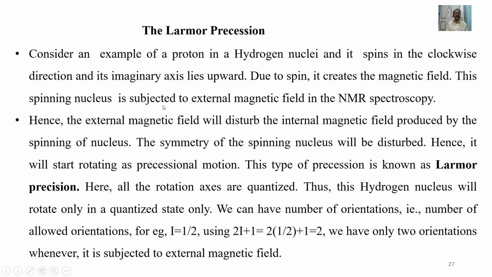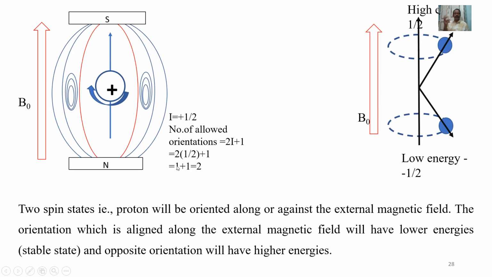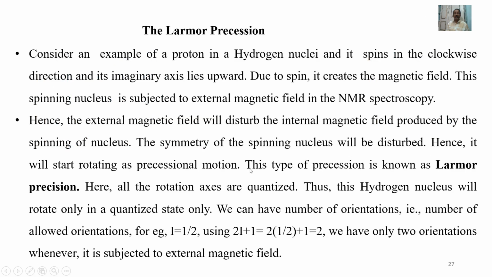Hence, the external magnetic field will disturb the internal magnetic field produced by the spinning of the nucleus. The symmetry of the spinning nucleus will be disturbed. Hence, it will start rotating in a precessional motion. This type of precession is known as Larmor precession. There is a mistake here, it is precession.